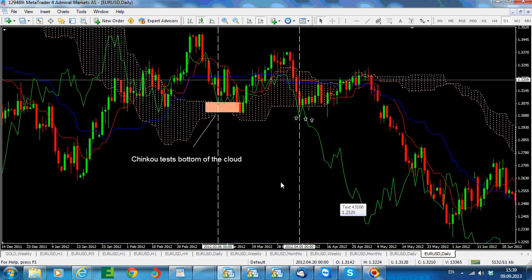Now, whenever you are seeing that the Chinko is testing the bottom of the cloud in here, keep in mind that the Chinko represents the move that the actual price makes under real-time situations, but in this line here you cannot see the shadows of the candle, so the shadows are not being represented. Because the shadows are not being represented, it is moving only in terms of the whole body of the candle being represented.